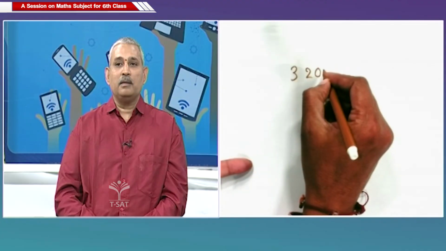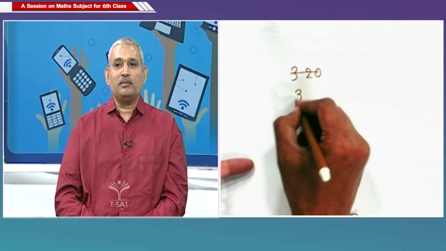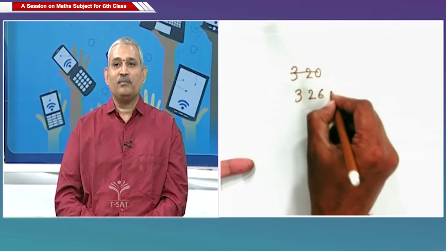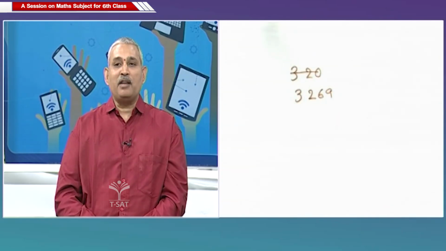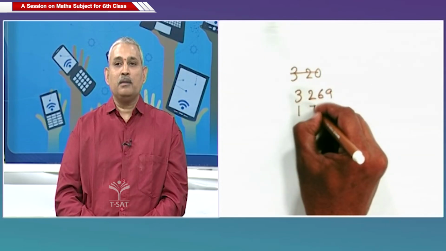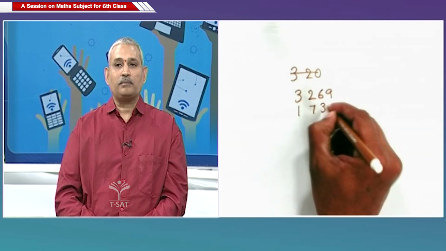Now let us see the same example. Suppose we are taking, or you write some example, sir, where we have to subtract. 3,269, and from that we have to subtract 1,734.